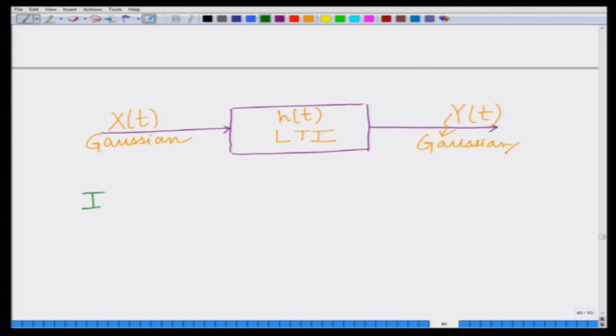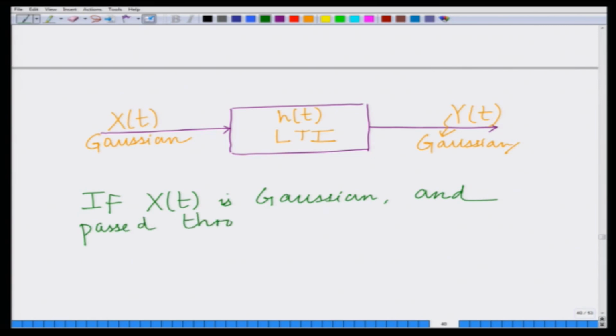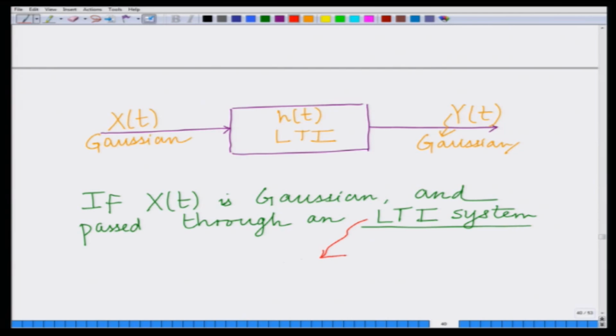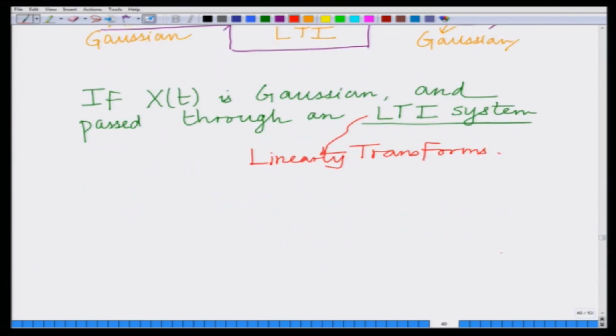So, basically this result states, if x of t is Gaussian and passed through an LTI system, which is nothing but a linear transformation, then the output random process y of t is Gaussian.